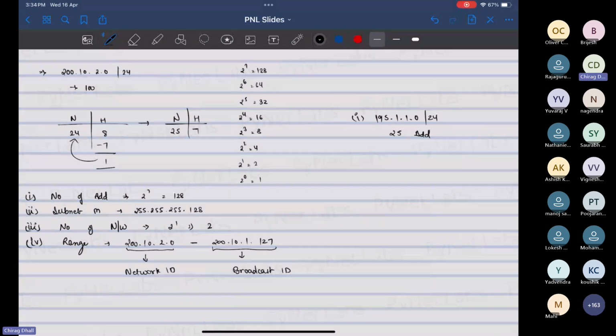So calculate and tell me what subnet mask and range should be used for 25 addresses. Take your time, calculate this, and let me know. Thanks, Anuj, for pointing that out. This is 210.2.127. Yes, so calculate the subnet mask and range for this question, 195.1.1.0/24, and let me know what will be the subnet mask and the range for the devices.